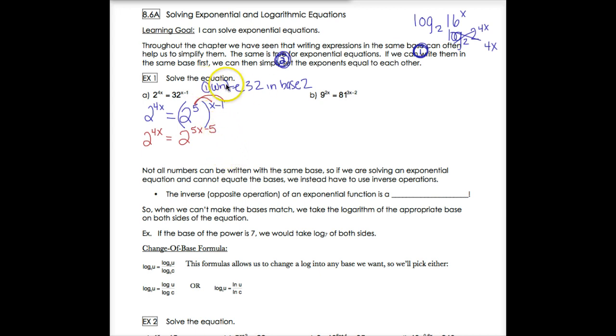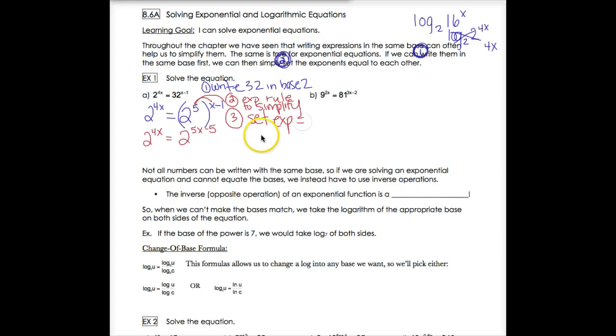So first I wrote 32 in base 2. Then I used my exponent rule to simplify. Now that the bases are the same, I can simply drop the bases and set the exponents equal. And then I'm going to be able to solve.